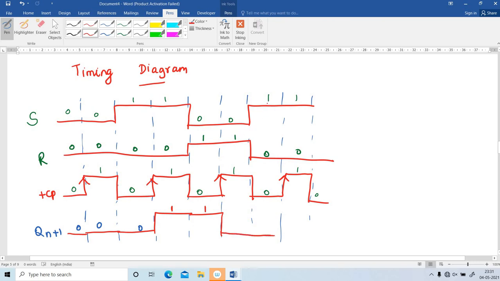And then set 1, reset 0, clock pulse 0, again reset. Then set 1, reset 0, clock pulse 1, then set, and so on, 0, 0, 1. Okay, these are about how to draw the timing diagram for SR flip-flop.